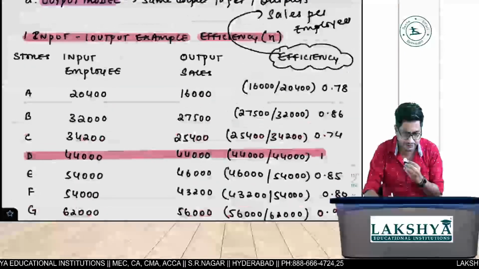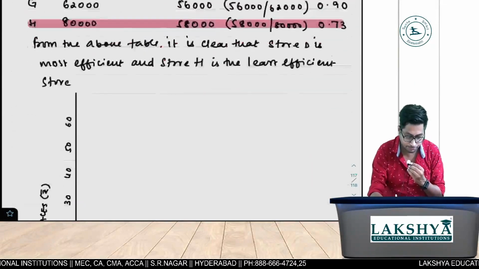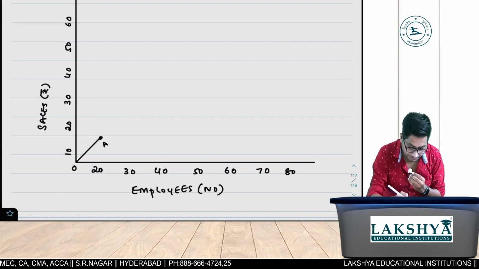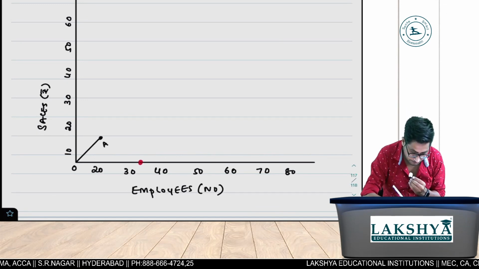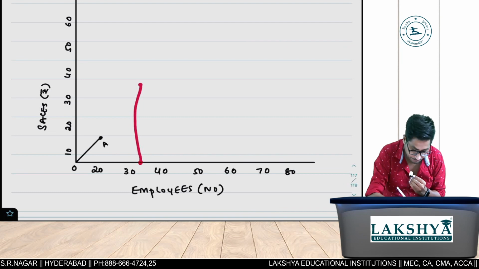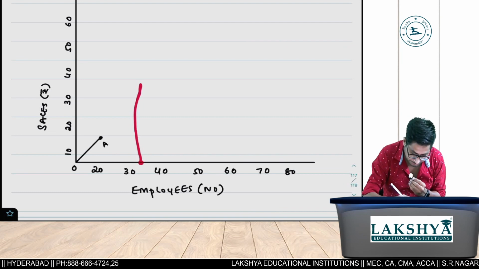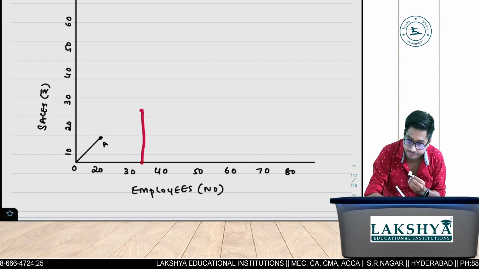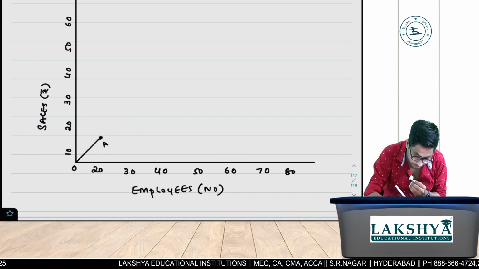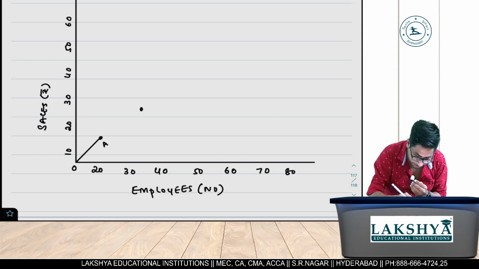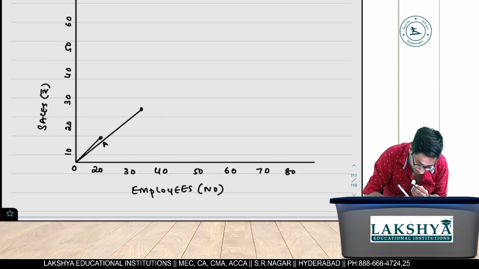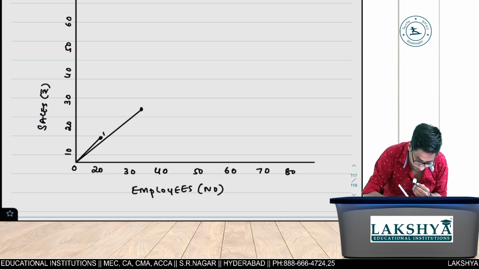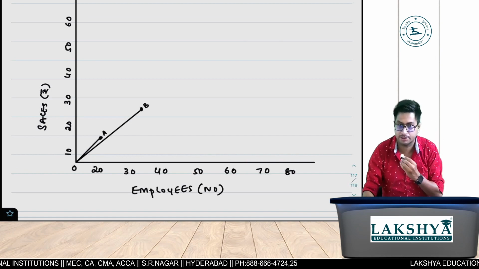Now tell me, you see and tell. Don't keep going up and down again and again. You see, what is next? What is the input? Input is 32,000 and output is 27,500, somewhere here. So what I'll do, here I will put one more dot. Again from the dot to the origin one more line. And this is B, Store B, correct?